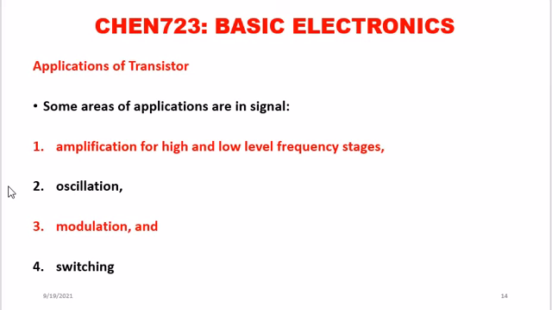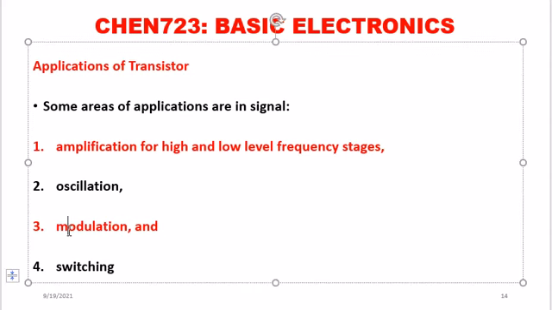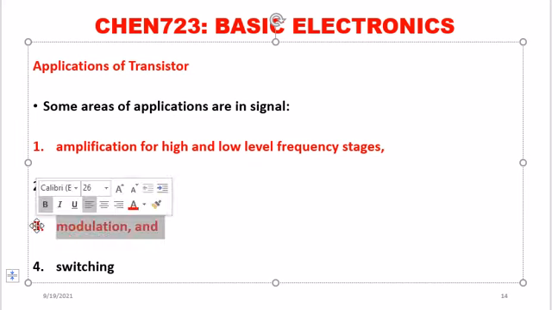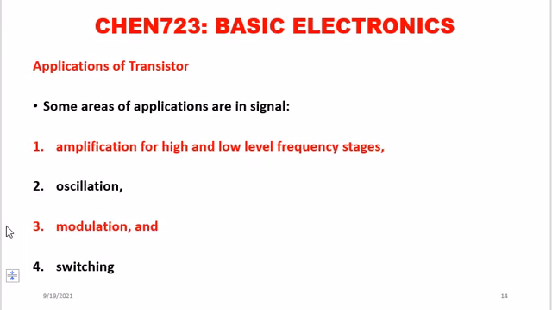The next application of the transistor is its use in modulation. Modulation is just a process of combining two signals of different frequency. In communication, we do that. For instance, the signal or the broadcast from any radio or TV station, it went through this process. Let's say the original speech of whoever is speaking is now combined with a higher frequency.